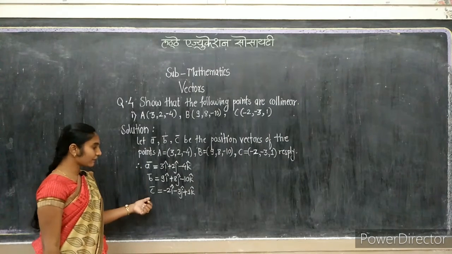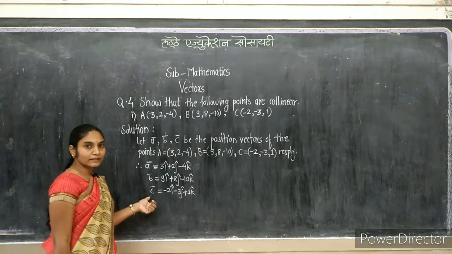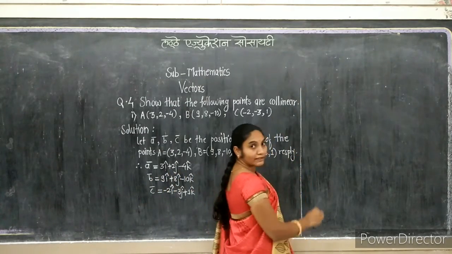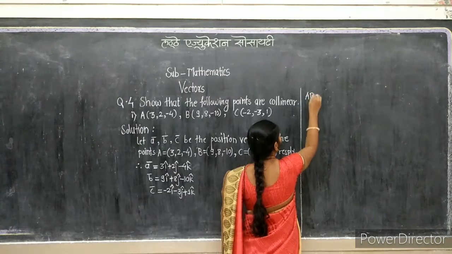These A bar, B bar, C bar are the position vectors. After that, find out the vector AB bar.